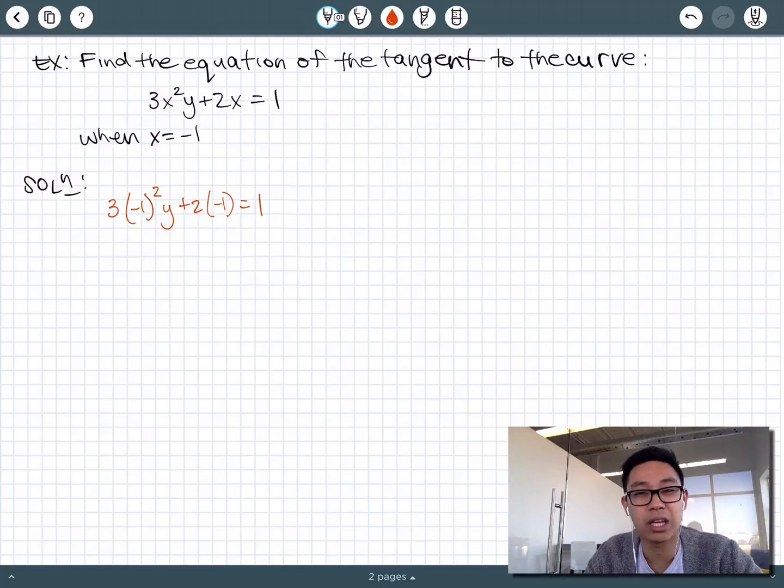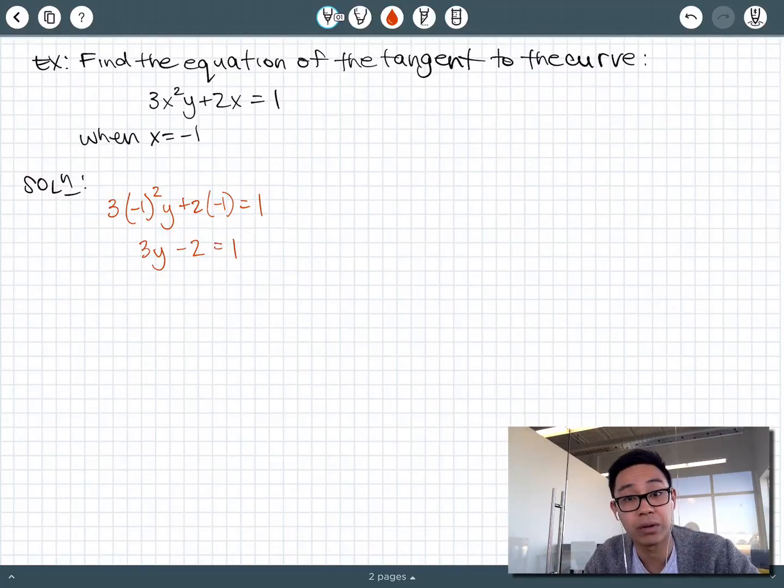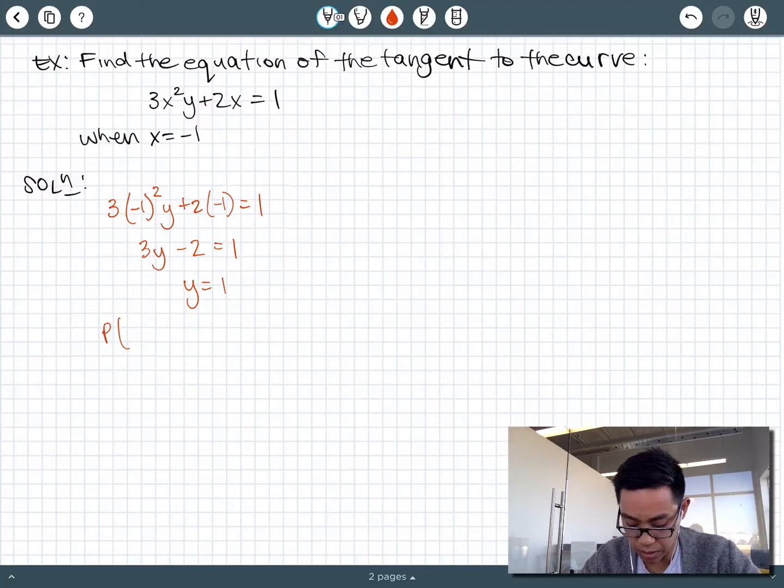So on here I get -1 squared, so that's 1, times 3 means I get 3y, minus 2 is equal to 1. I can get y alone, and I'll find that y is equal to 3 divided by 3, or 1. So now my point is -1, 1.